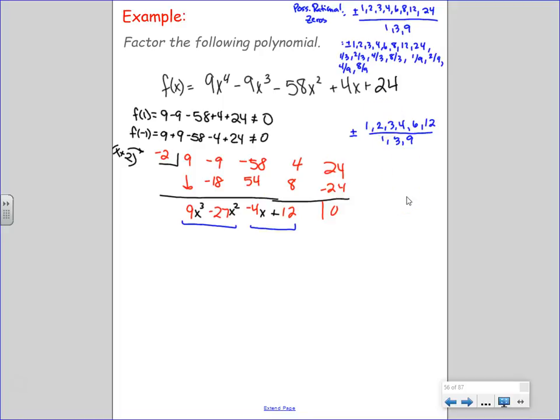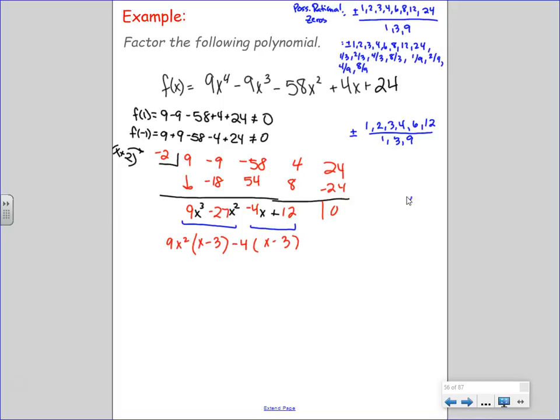But since you can pull out some common stuff for the first 2 terms, like 9x squared, you get x minus 3. Pull out what again? -4, and get x minus 3, right? Because you pulled out a negative, so x minus 3, that's pretty important.